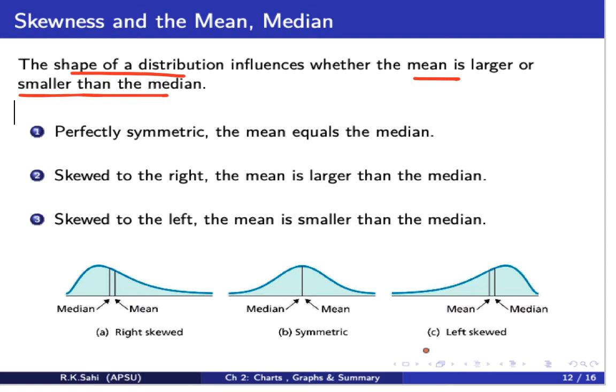There is a very important relationship: if you have a symmetric or bell-shaped curve, that means there's one single mound, and when you draw a vertical line from the peak of that mound, you can see the mirror image. The left-hand side mirrors what is happening on the right-hand side.